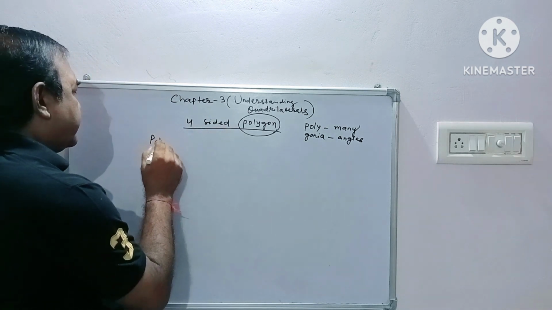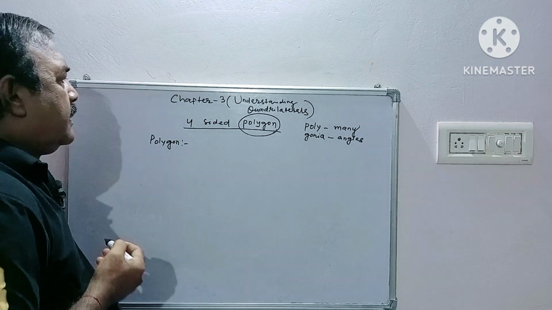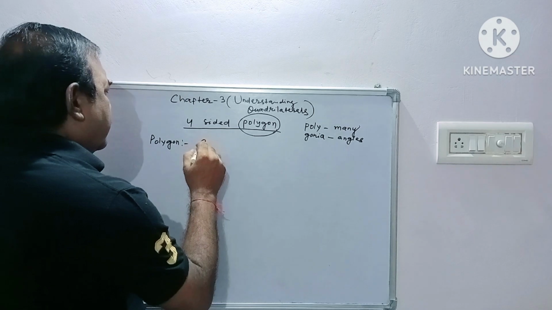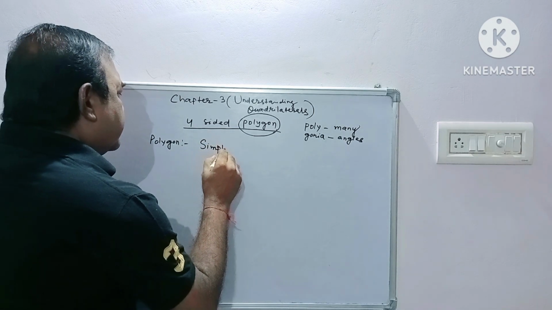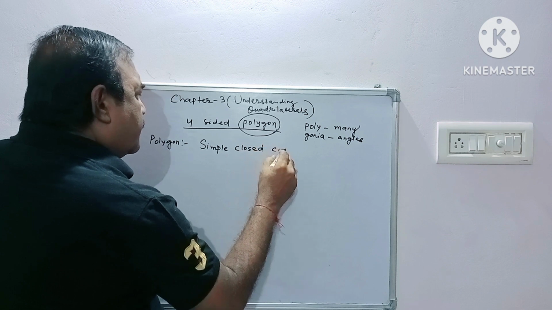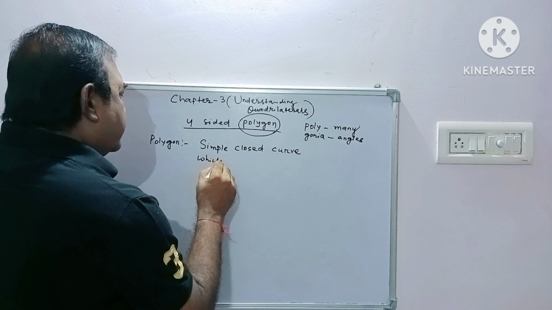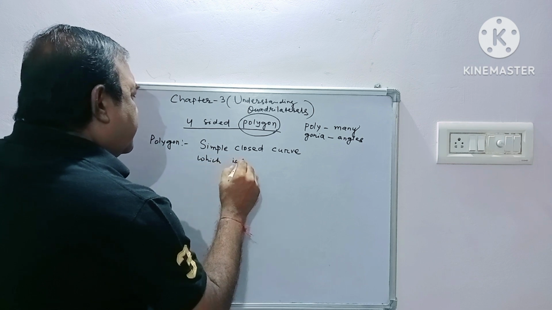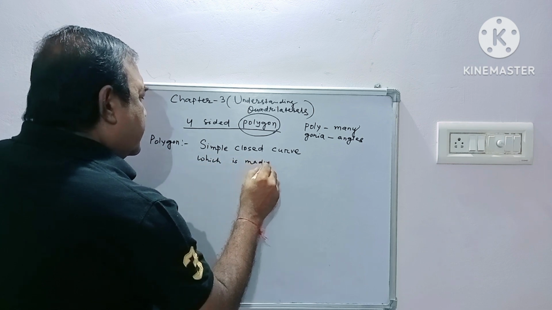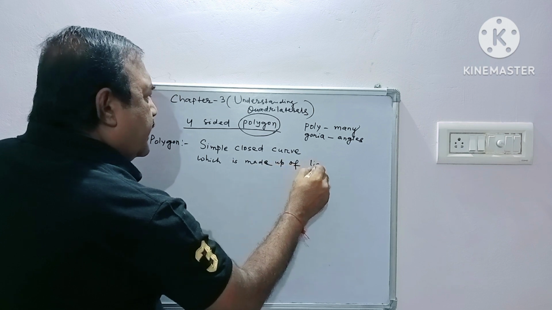Polygon, it is a simple closed curve or figure which is made up of line segments.